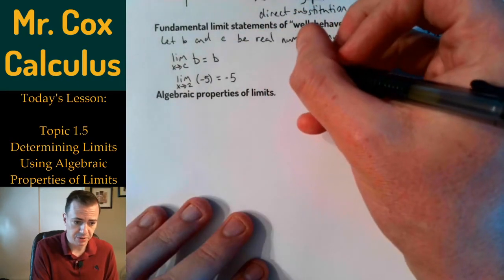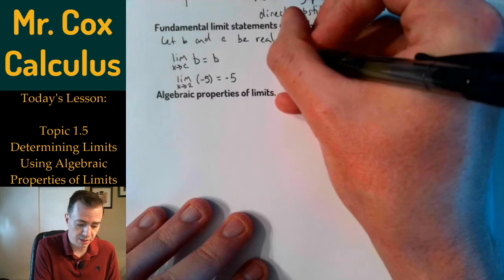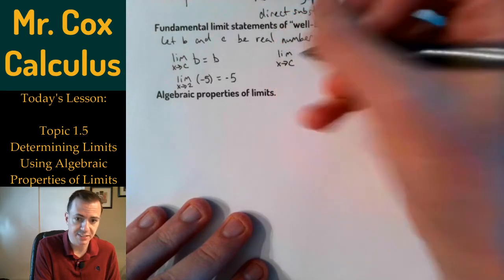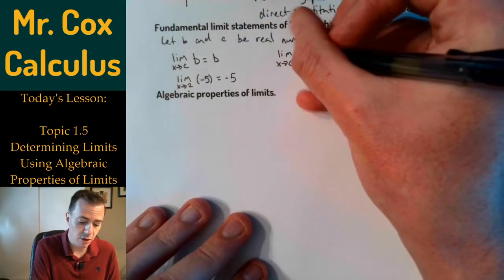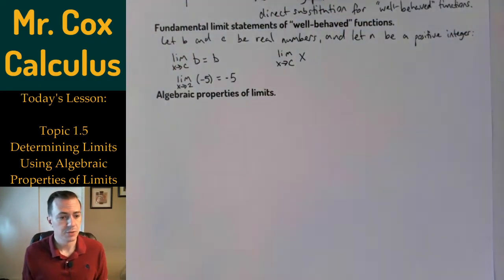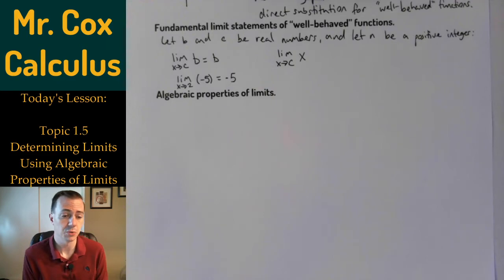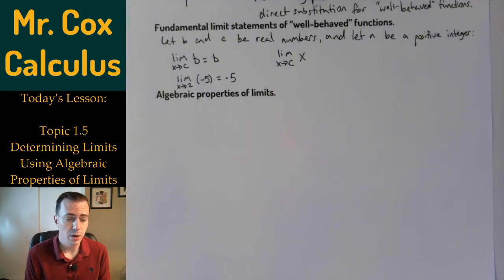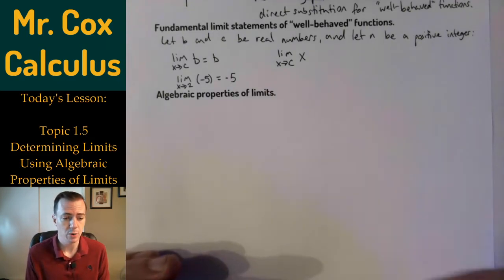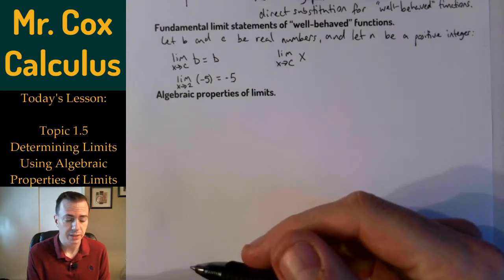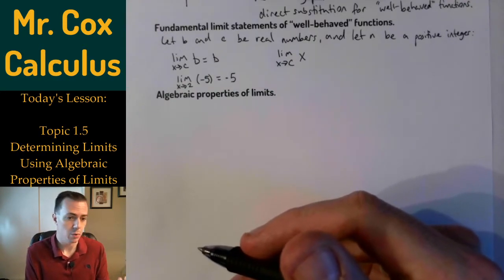Our second building block here, let's take a look at the limit as x approaches C of the function x. So think again back to your Algebra 1 days when you learned about the linear parent function y equals x. Well, one of the things you knew was that no matter what the x input was, the y output was always the same thing.